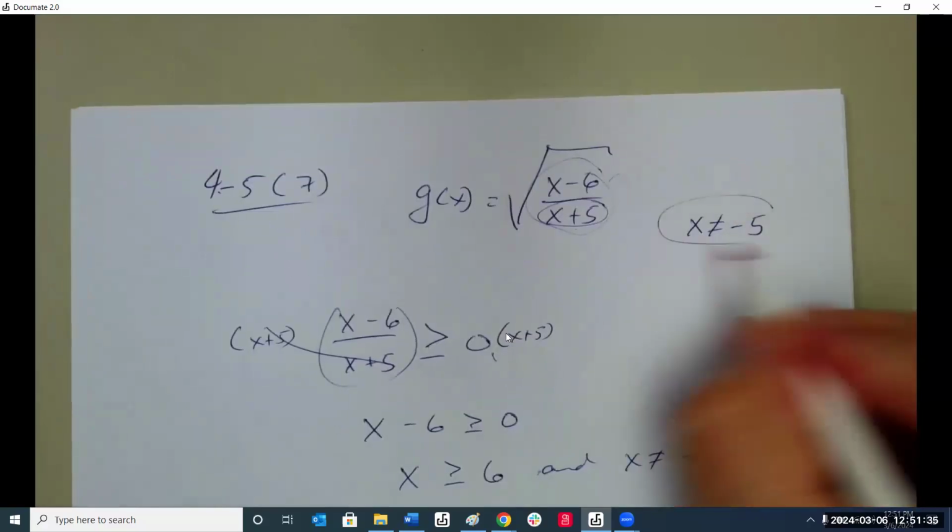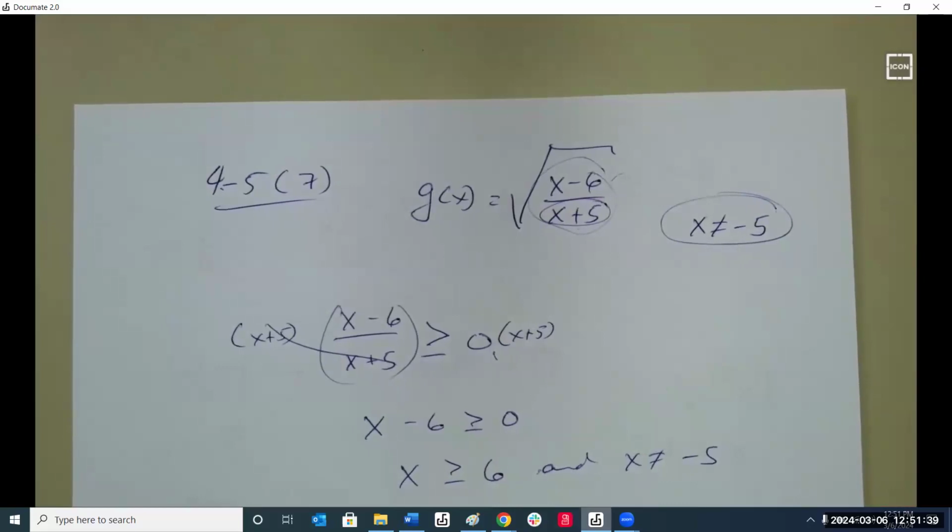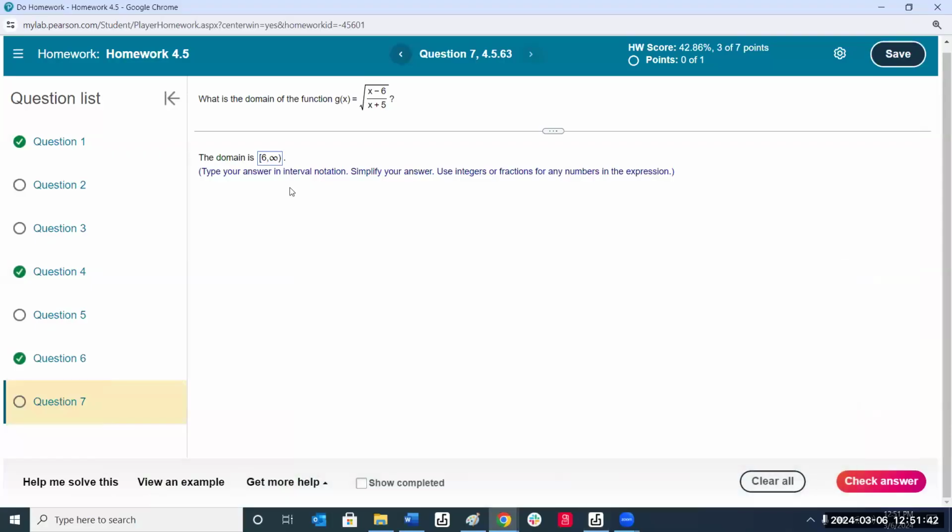I know I have to put this in there. That is the domain, because -5 is not included in there.